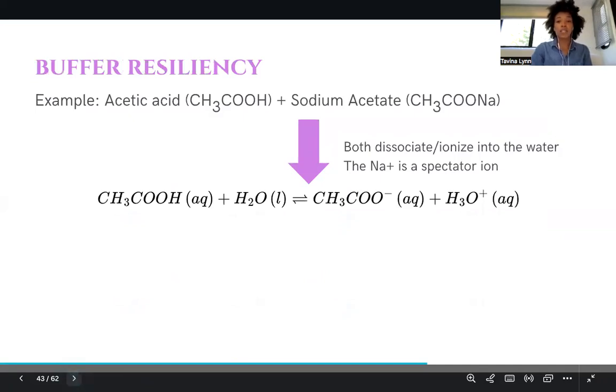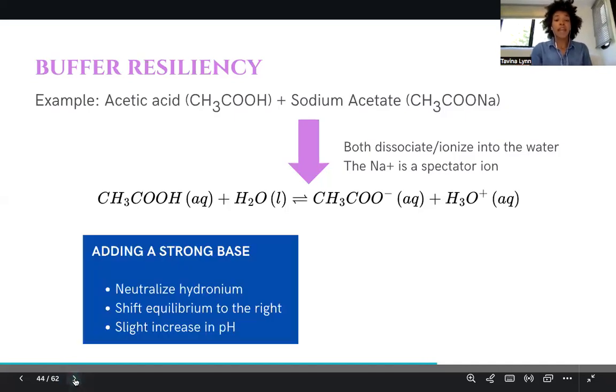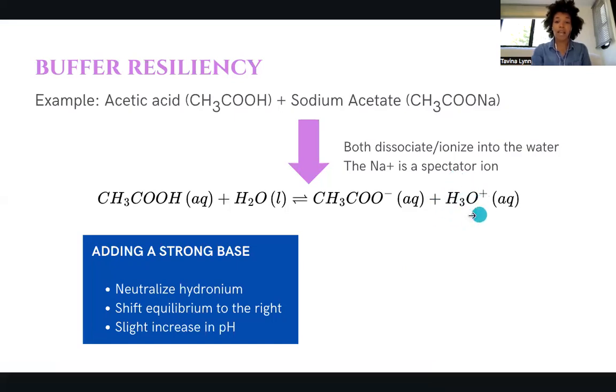So if we look at the resiliency, we can basically add a strong acid or a strong base and see what impact these additions will have on the buffer. If we add a strong base, that's going to release hydroxide ions. They will neutralize the hydronium ions, which basically decreases the concentration of hydronium ions.